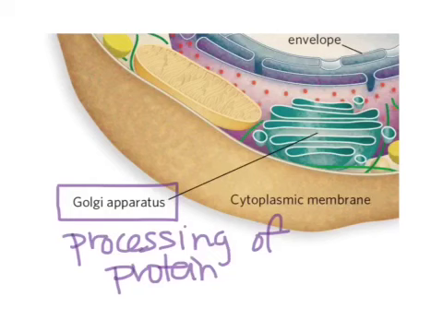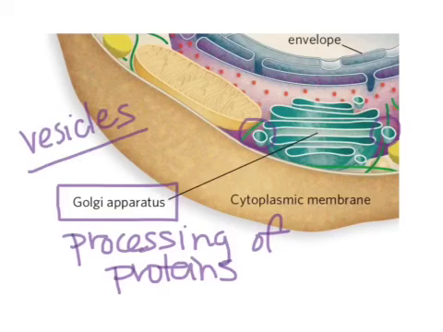So it's the final processing of proteins occurring in the Golgi apparatus. And you can see that it's made of membrane here, and there's actually pieces of membrane being pinched off and forming these little things called vesicles. And the vesicles are like the boxes of cookies, and they're going to go out to the membrane sometimes and be pushed out of the cell.